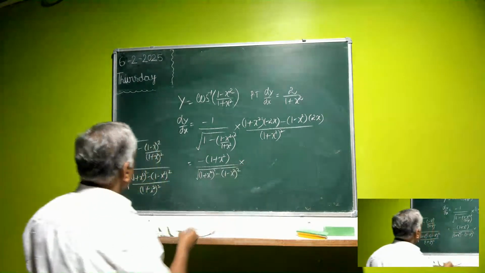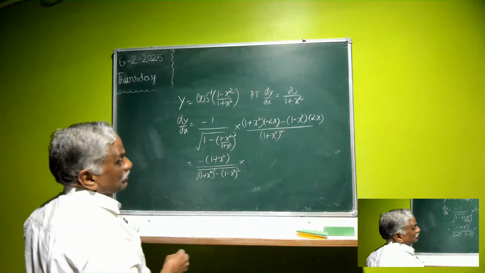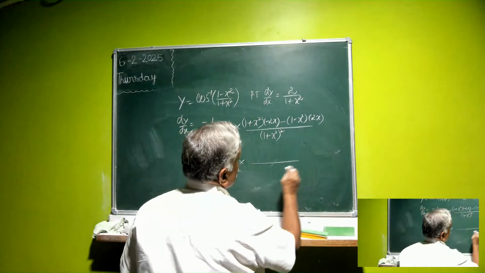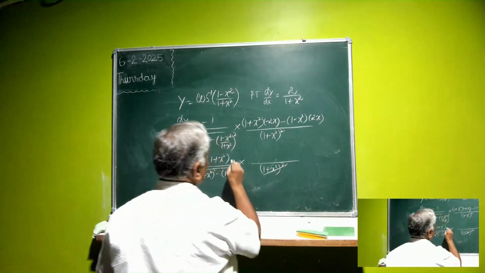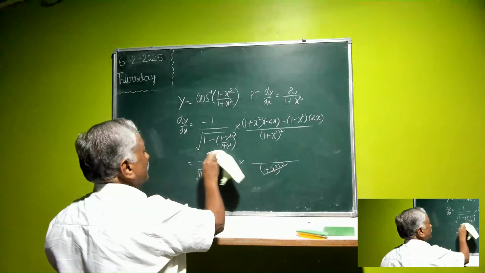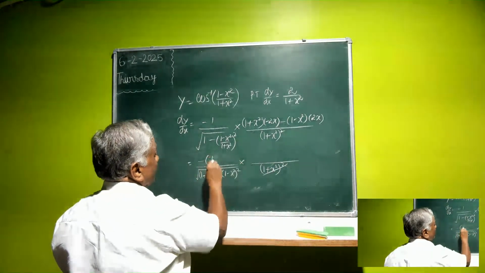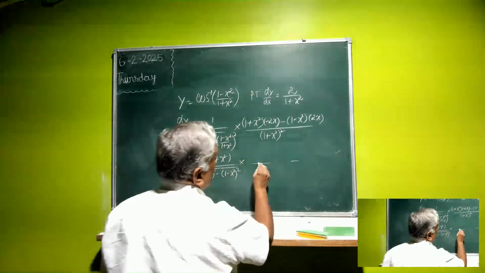Now you need to simply work the other one out. The denominator is 1 plus x square whole square. These two you can cancel. No, you cannot cancel totally, because you have got 1 plus x square here, and here the whole square is there.